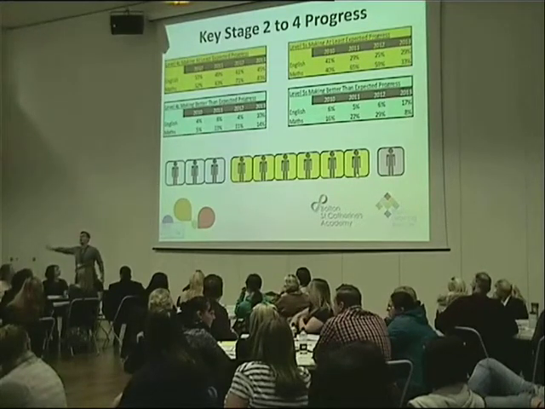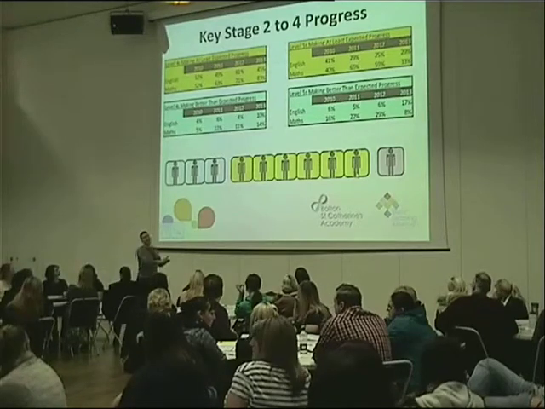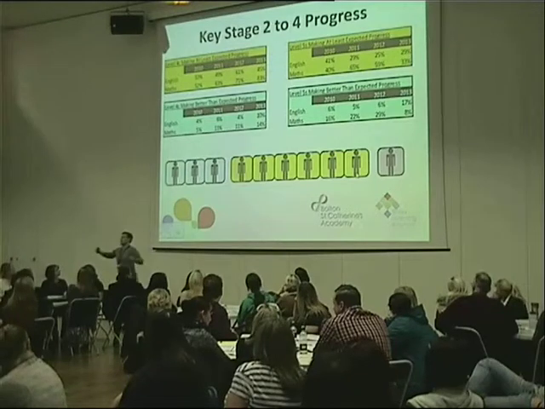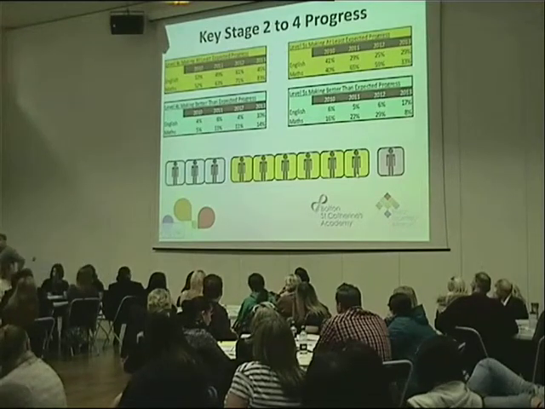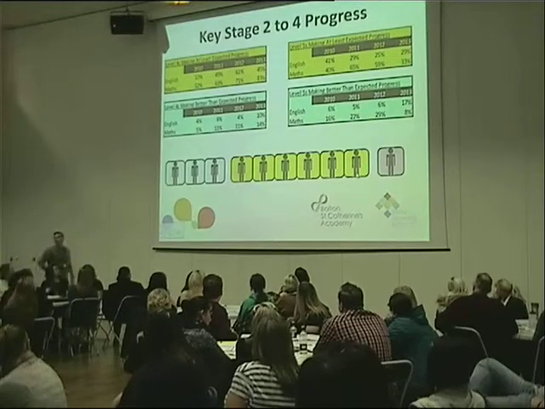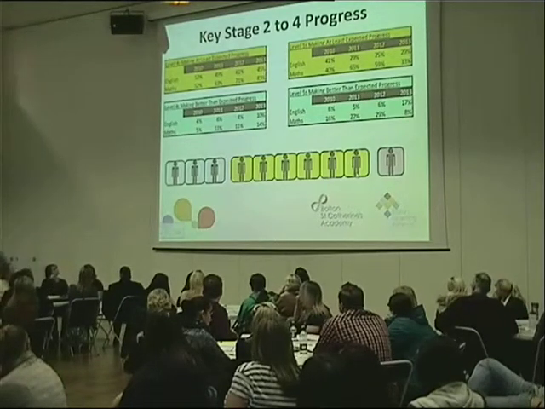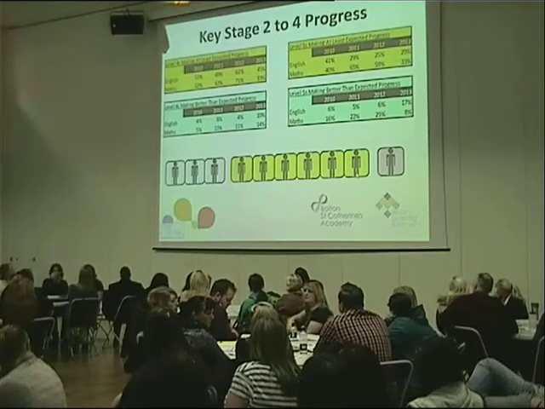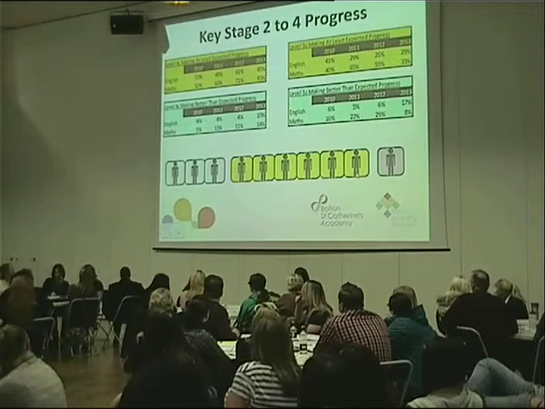But if we average all that out, in our secondary phase, 6 out of 10 of our students come to us at national average, at least. 1 out of 10, currently, on average, comes to us above the national average. And then 3 out of 10, on average, comes to us below.